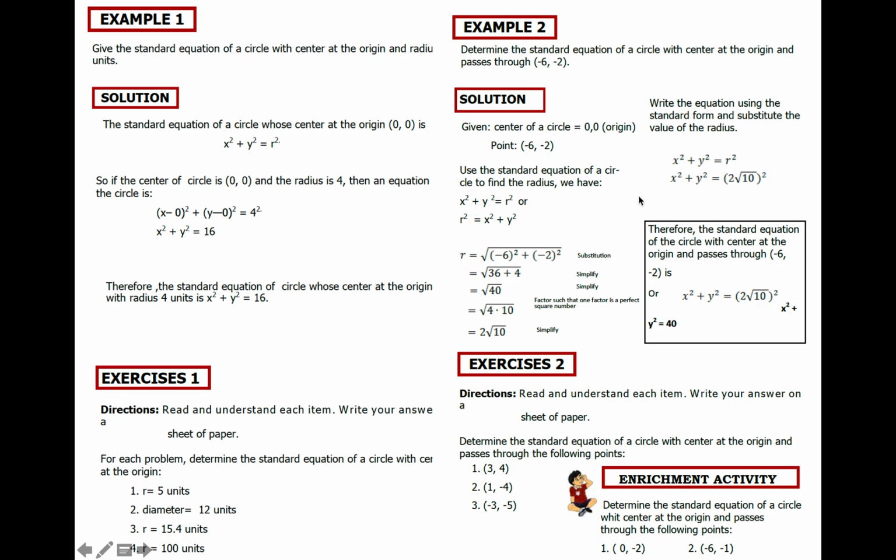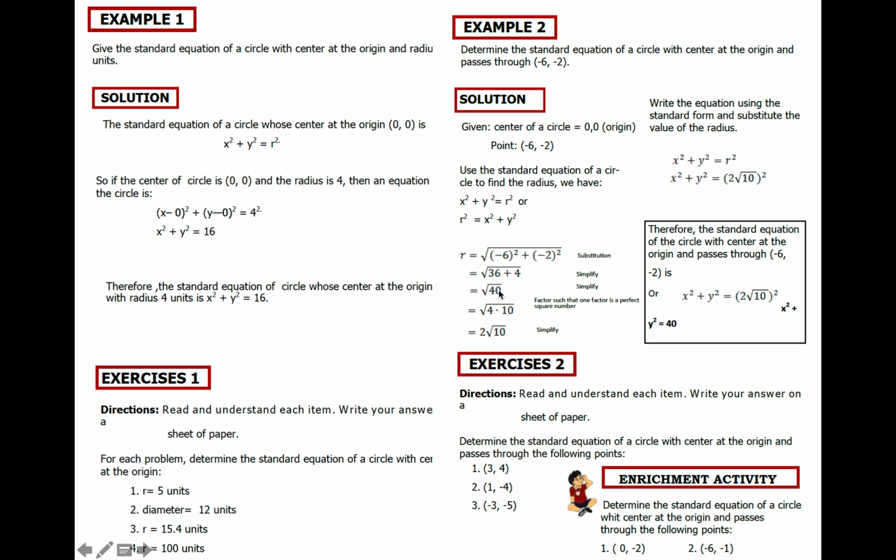Substituting your x and y values, this would be (-6) squared plus (-2) squared equals r squared. Since we are applying our algebraic rules here, we extract the square root of both sides of the equation. So r equals the square root of 36 plus 4, which we got from (-6) squared and (-2) squared.